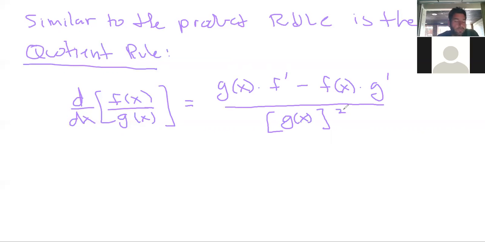Now, again, there's very little intuition for why this formula is so wild looking. In my opinion, some of you don't care where it comes from. You just want to memorize it and learn how to use it, and that's fine. I don't begrudge you for that. But I would highly encourage that you think about where this formula comes from.